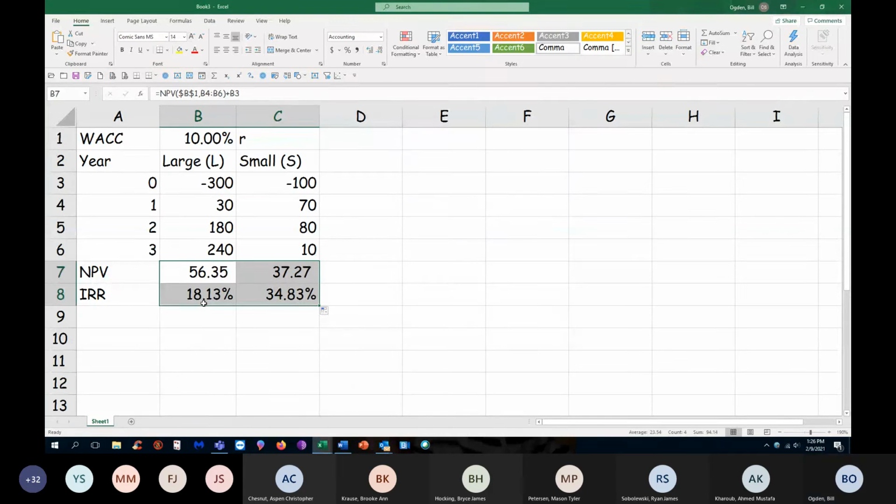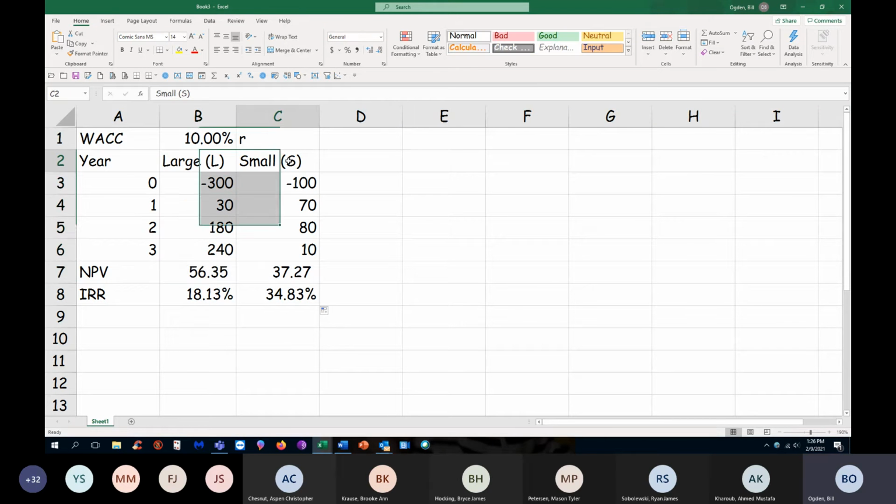All right. Now, visually, what kind of issue are we looking at here? This one has the higher NPV. This one has the higher IRR. Okay, which one do I choose?